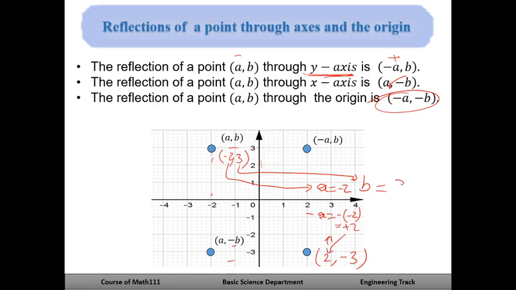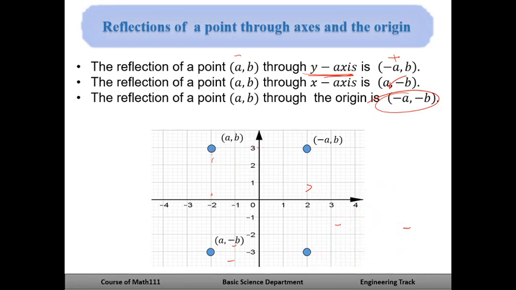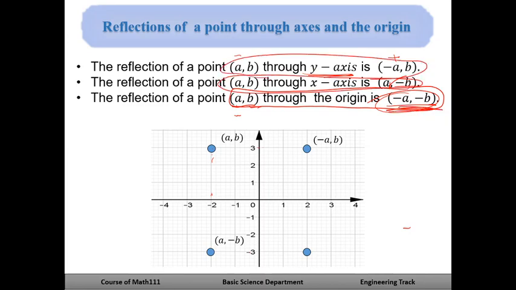And if B is 3, then what is minus B? It's minus 3, so it's here. So regardless of A and B, no matter what their signs are, the formula works. You have negative, positive, or positive, negative, doesn't matter. The formula is this. So you have to learn about these, okay?